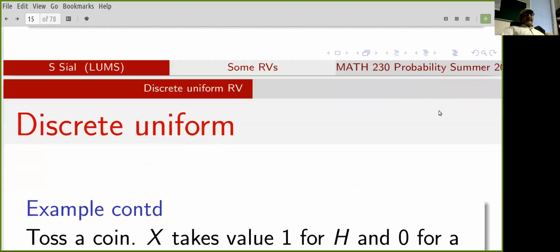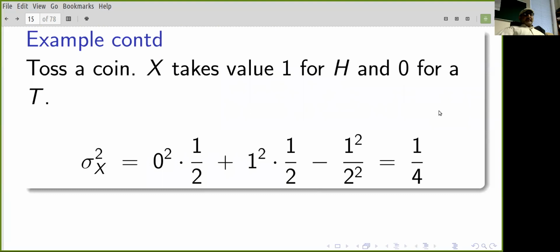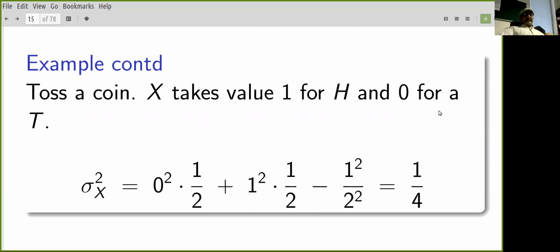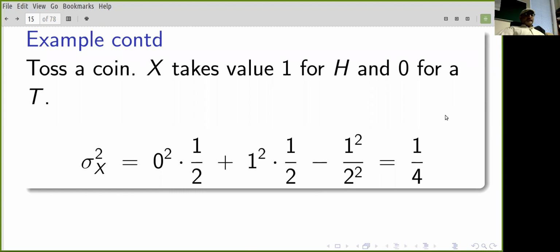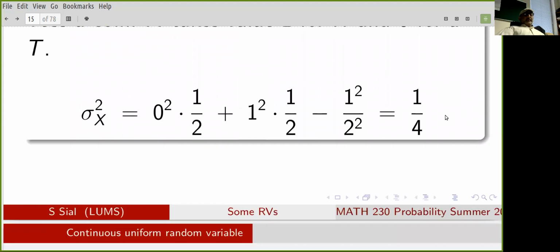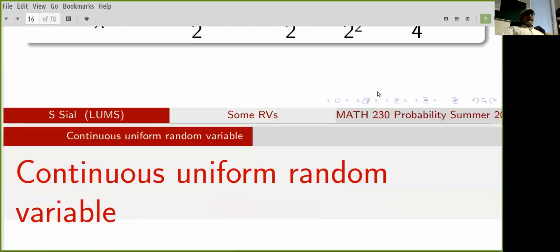So if we use this formula, you should be able to work out that the variance of this x is 1/4. So this part here is the expectation of x squared, and this part here is the 1/2 being squared, the expectation of x.